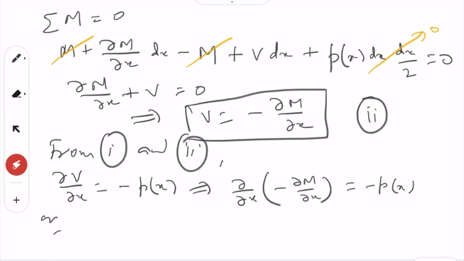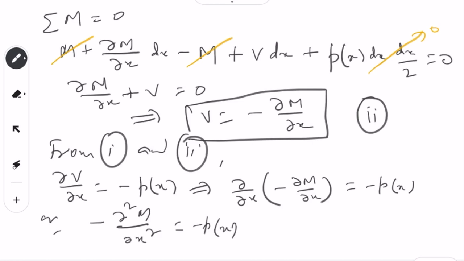So we put the value here, we put minus here. So, what do we get? We get minus del square m over del x square equal to minus px, or simply we get del square m over del x square equal to px.